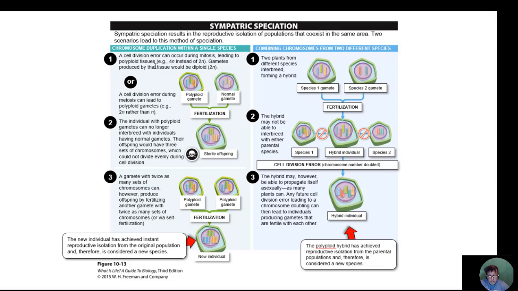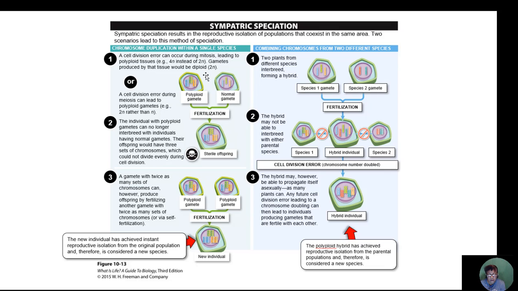Number one, chromosome duplication within a single species. Here a cell division error can occur during mitosis, leading to polyploid tissues, meaning 4N instead of 2N. So gametes produced by that tissue would be diploid, 2N, right?